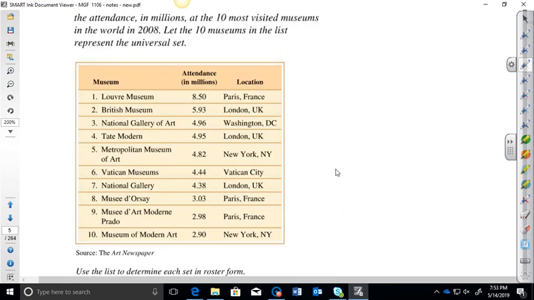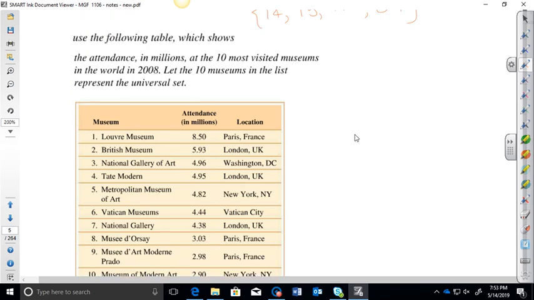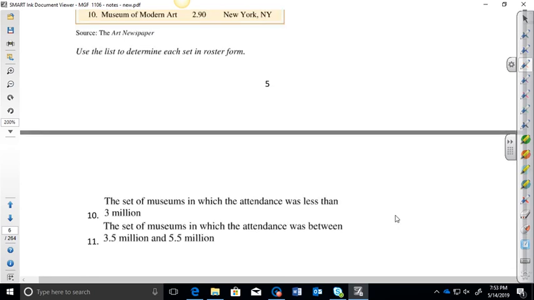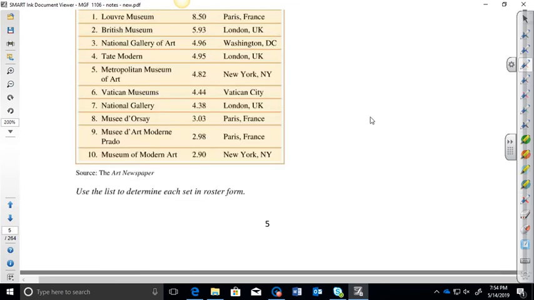Okay, use the table to answer the questions. These are the 10 most visited museums in the world in 2008. First question. The set of museums in which the attendance was less than 3 million. Which ones? Less than 3 million. The last two, right?